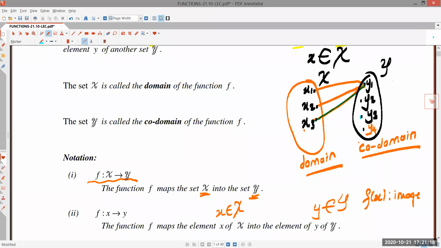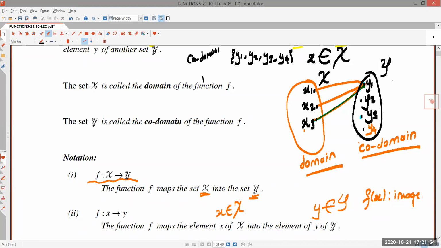Y1. Y1, yes. Y2, Y3, Y4 are not assigned; they are not mapped from X to Y. So the range here is Y1, but the codomain consists of these elements, which are Y1, Y2, Y3, Y4.